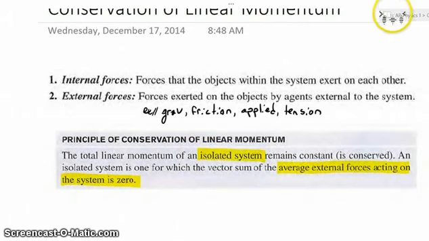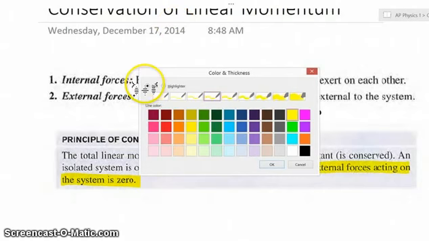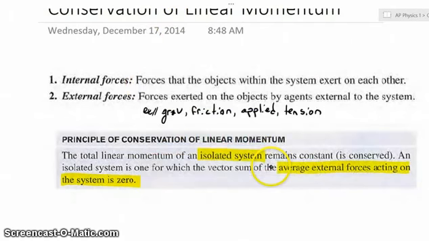An isolated system is a system where only internal forces are acting, or the net external force is zero. So that's what we're going to be looking for momentum conservation. The net external force needs to be equal to zero, and then the system is isolated, and the momentum would be conserved.